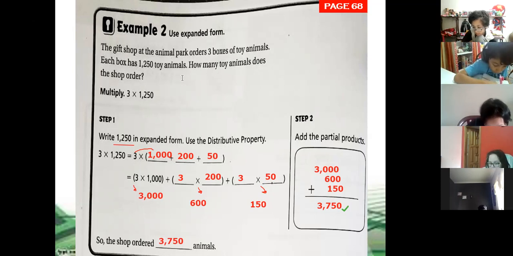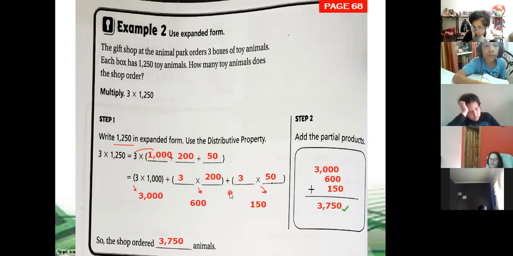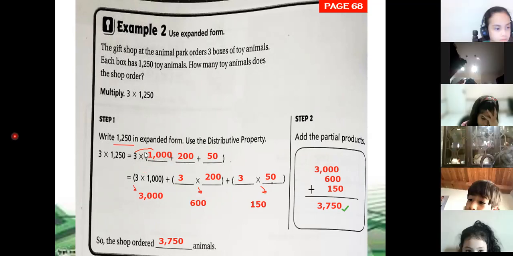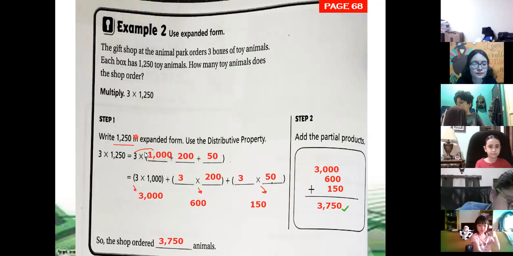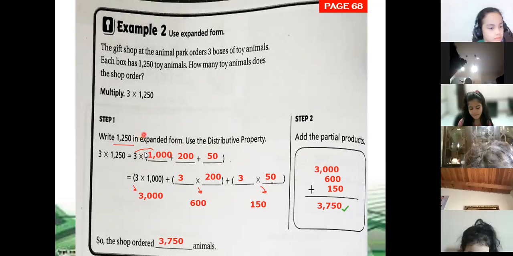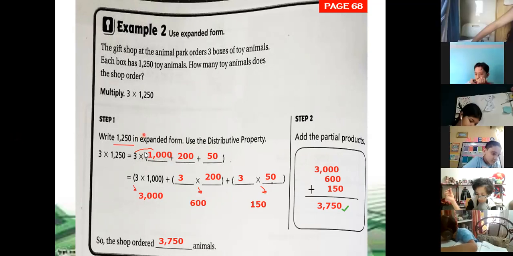How can we get this answer? Multiply using the expanded form and then the distributive property. Did you finish the copy, class? Okay, let's go to the next slide.